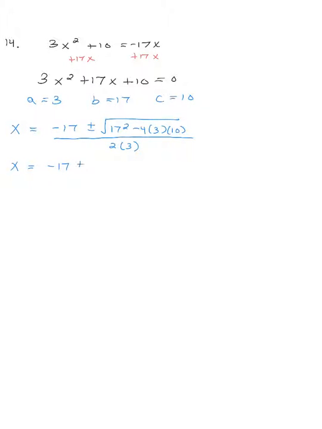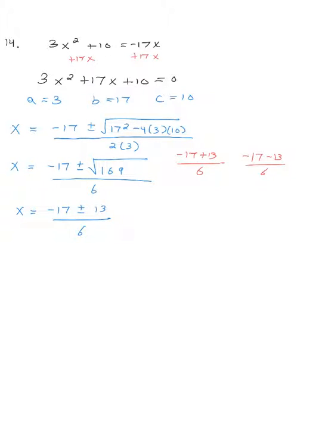Okay, that's negative 17 plus or minus the square root of 17 squared minus 4 times 3 times 10. It's 169 again, all divided by 6. So that's negative 17 plus or minus 13 over 6. Our two solutions are negative 17 plus 13 over 6, and also negative 17 minus 13 all over 6.